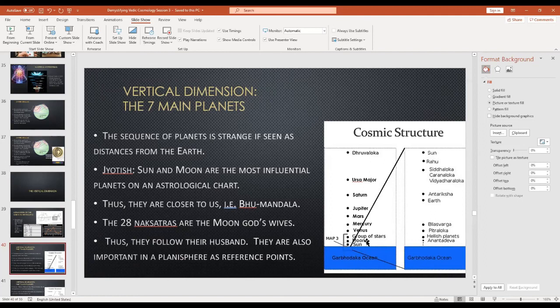There's a second part of her question: is there anything mentioned in scriptures about time travel? Yeah, definitely. But it's only forward time travel that I've seen in all of this. I have never seen backward time travel. Forward time travel you see in the 11th canto with the story of King Kukudmi.